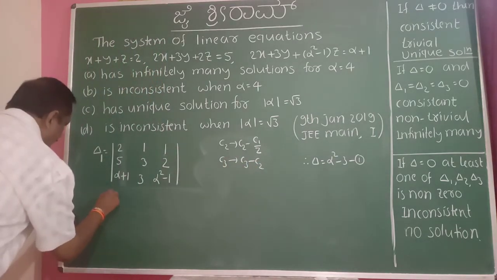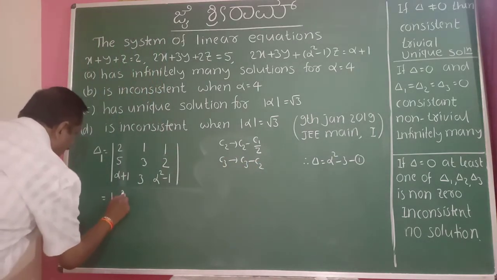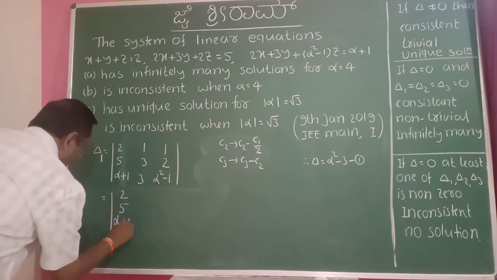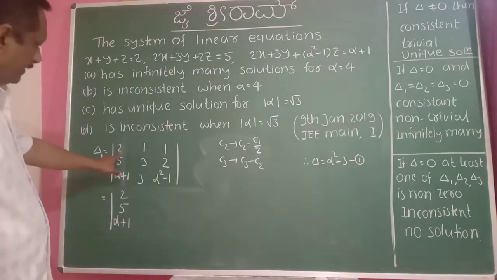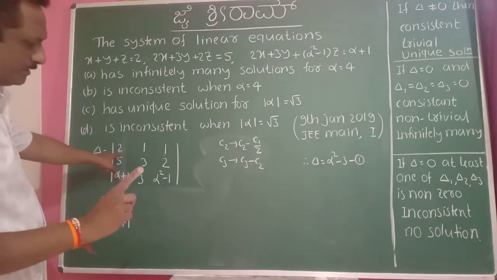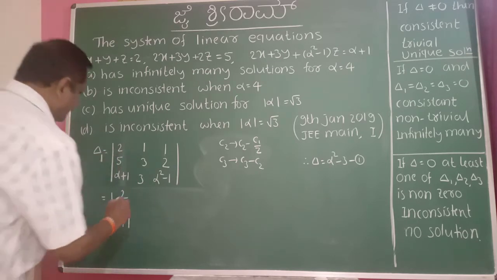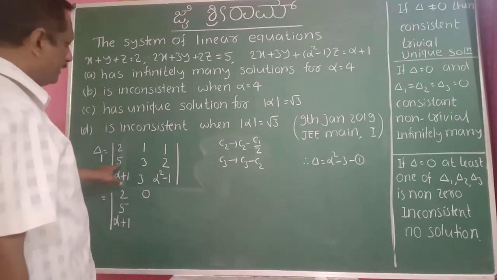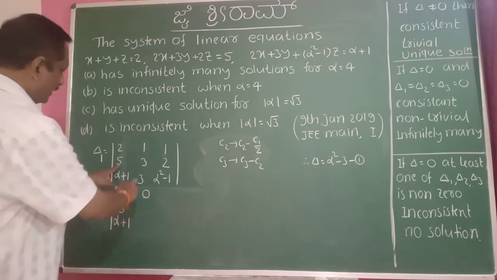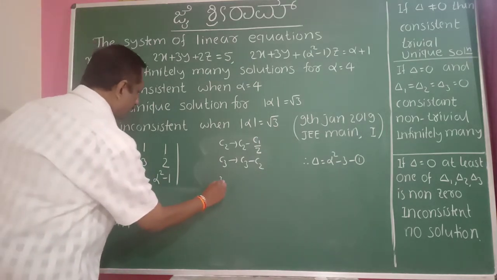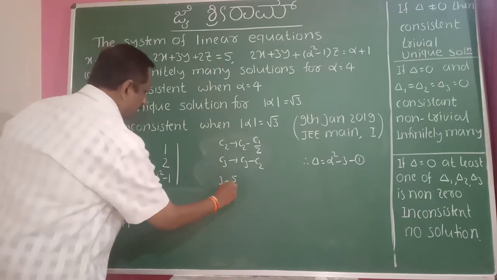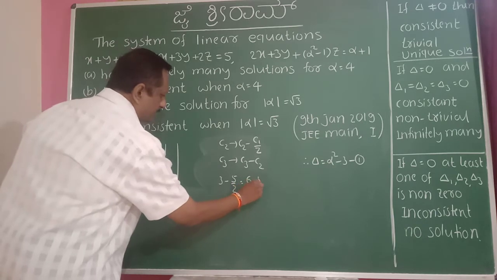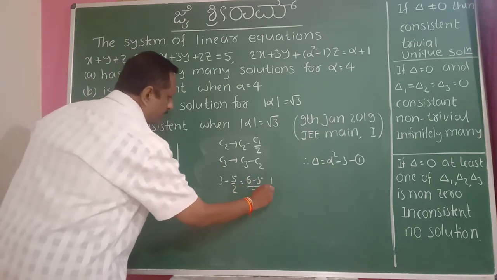Therefore this implies the determinant of 2, 5 and alpha plus 1 here. Divided by 2, then remaining 1. 1 minus 1 becomes 0. Then dividing by 2 and subtracting: 3 minus 5 divided by 2, that is 6 minus 5 divided by 2 gives 1 upon 2.